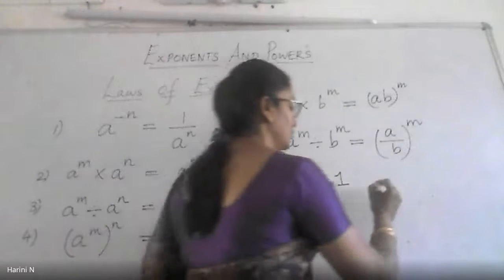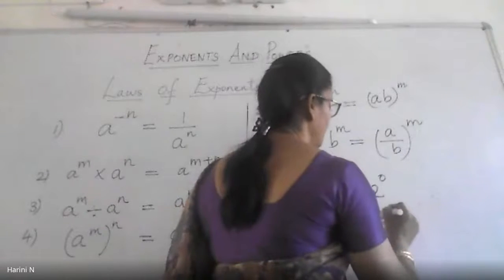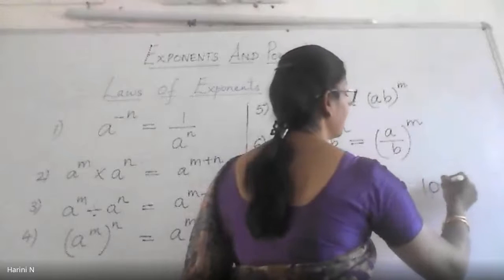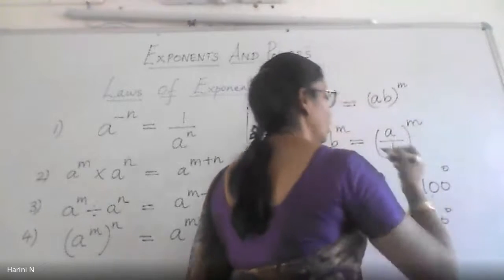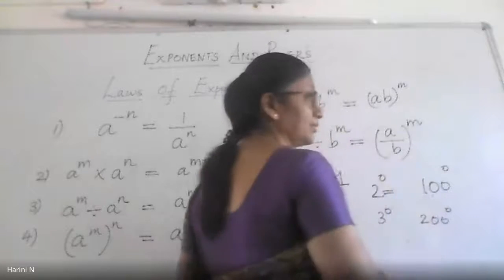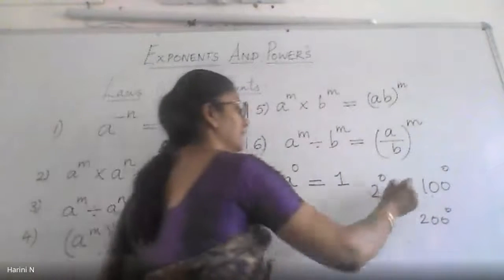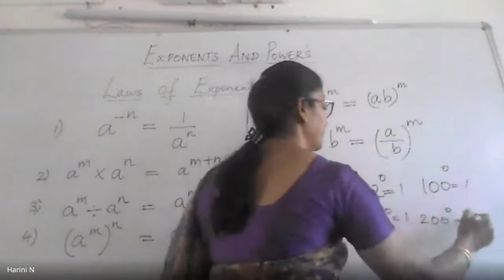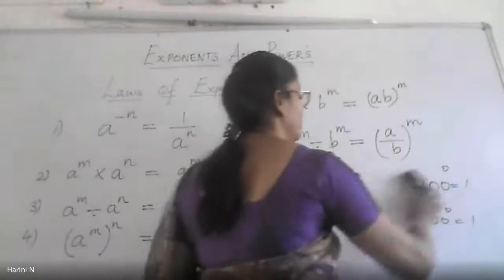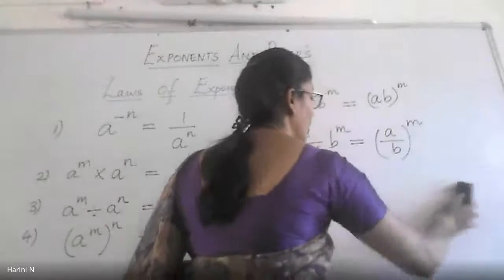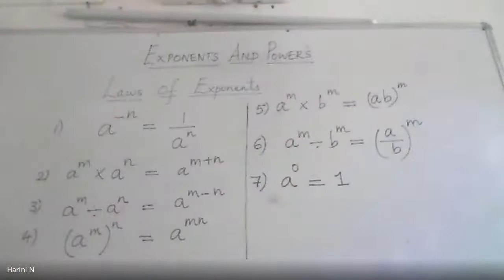You can take it as 2 to the power 0 or 3 to the power 0 or 100 to the power 0 or maybe even 200 to the power 0. Whatever number you take and you raise it to the power 0, it is always equal to 1. This is a very, very important law of exponent that you should remember. Any exponent raised to the power 0 will always be equal to 1.